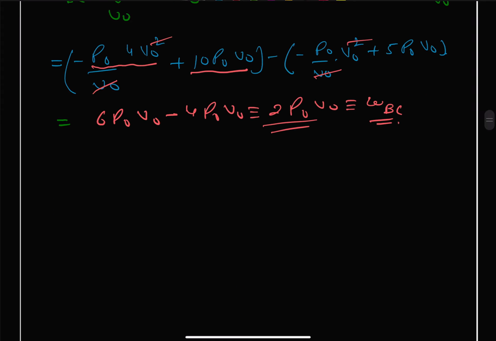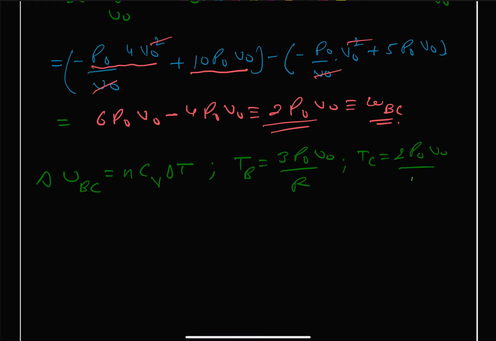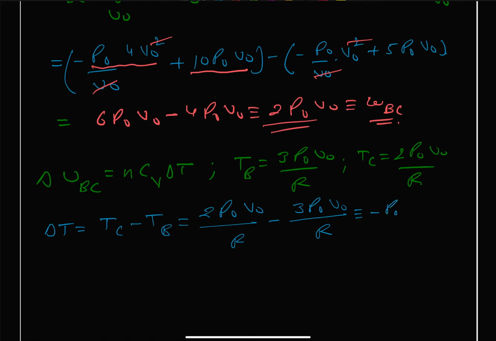So we find the change in internal energy, delta UBC, which will be equal to n C V delta T. Delta T we can find from TB, which is 3 P naught V naught upon R, and TC, which is twice P naught V naught upon R. Therefore delta T is equal to TC minus TB, so we get twice P naught V naught upon R minus thrice P naught V naught upon R, which is equal to minus P naught V naught upon R.